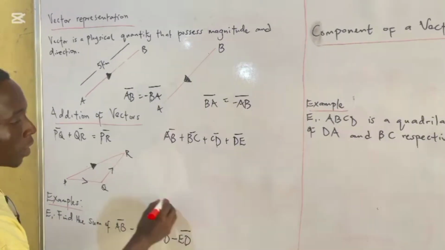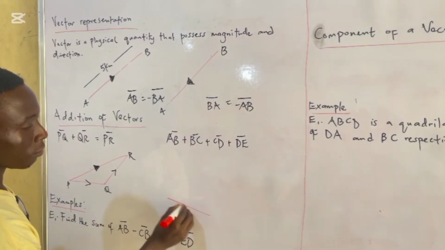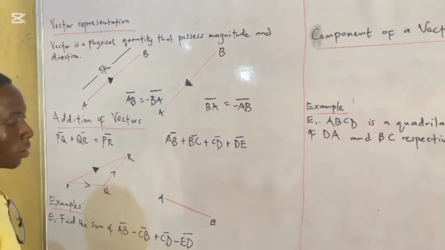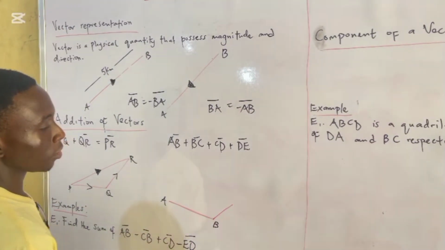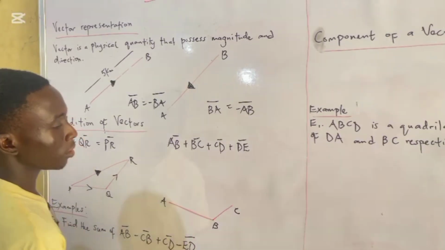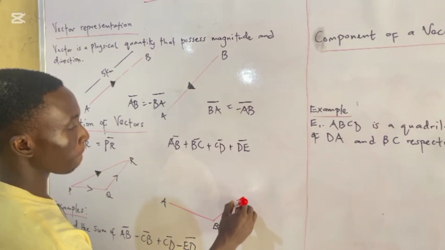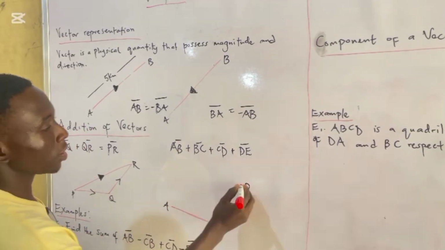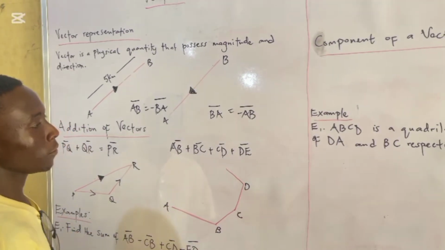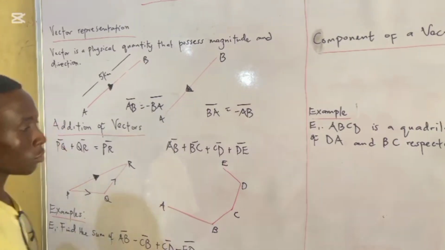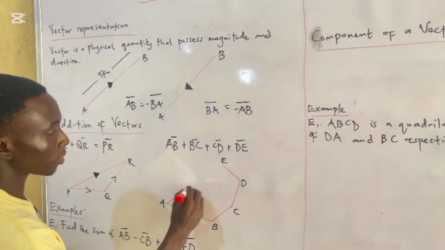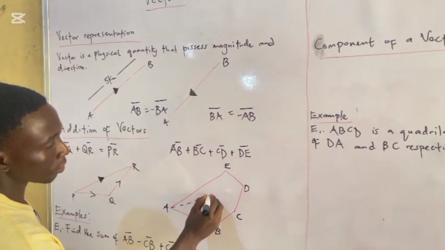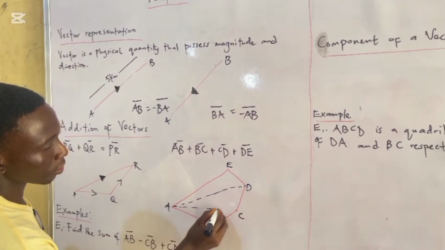Now you can see from here we have vector AB, and from here to here we have BC, and from here to here we have CD, and from here to here we have DE. So now we have something like this here, and we can add some line at the middle here.